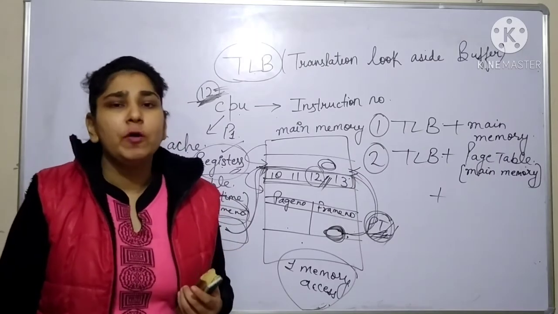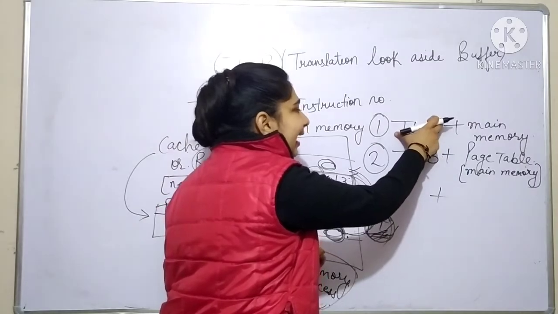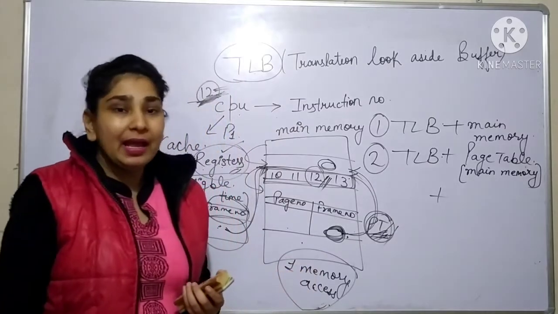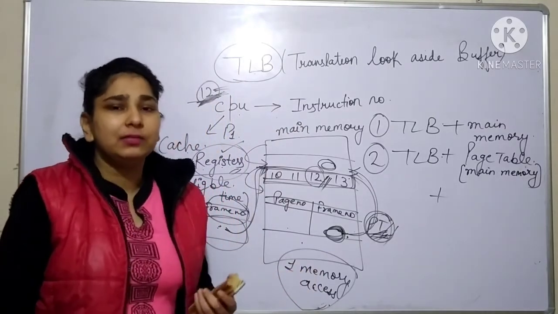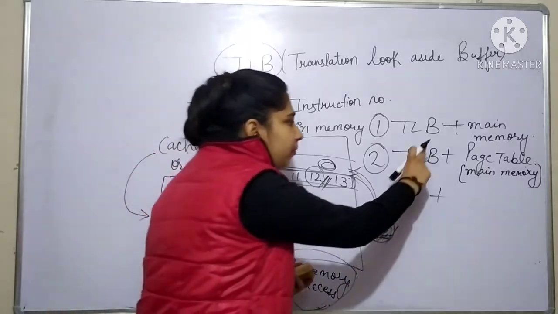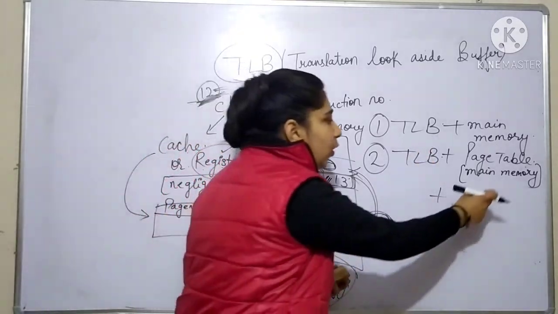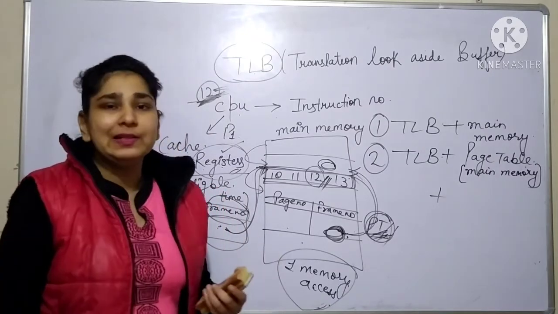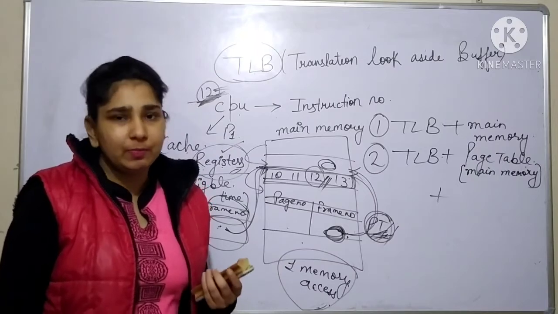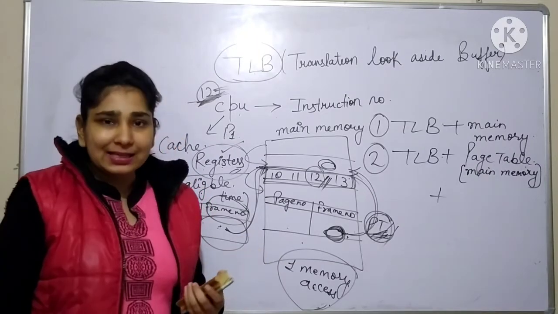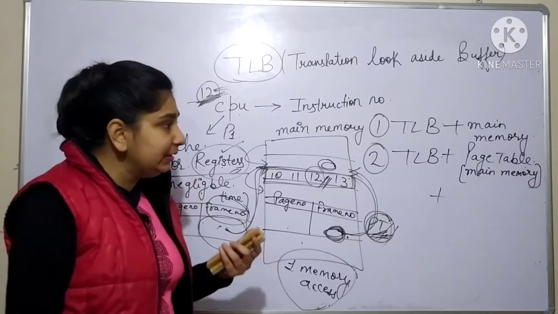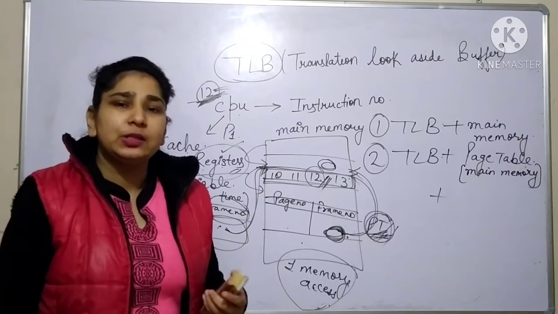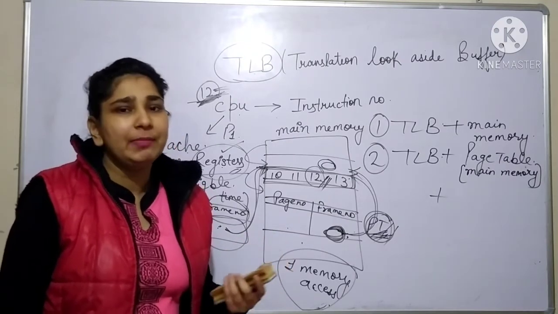Okay, we have two options. Either you directly get the location of your instruction from TLB, or if you fail to get it from TLB, then we go to the page table. However many levels you have designed for your page table, we will access all of those levels. Now we have got the location where your actual instruction is present in main memory.